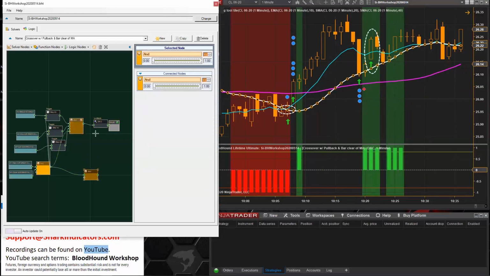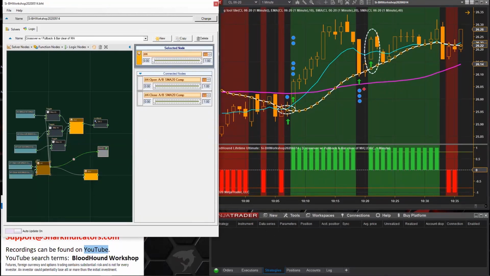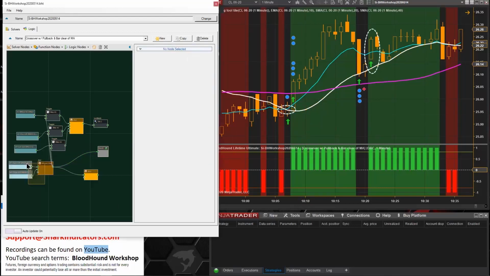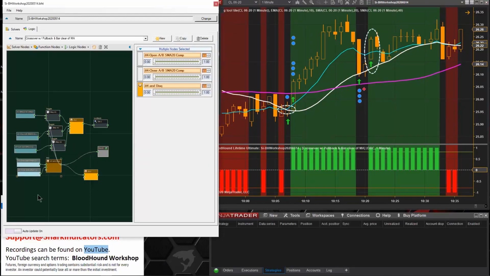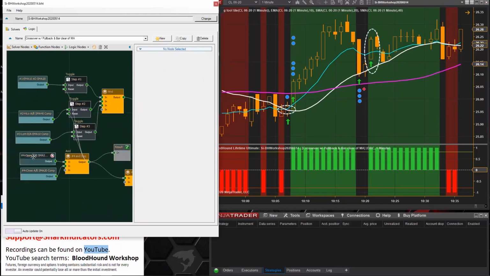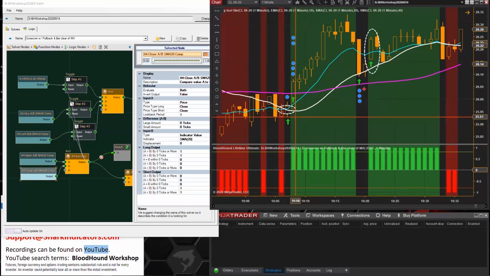Let's connect this up. Nope. Yeah, so we're looking at our logic here. Let's zoom in a little bit. Because this was step number 4, we can see all of these bars here qualify for step number 4, because their open and closing price are all above the SMA 20.